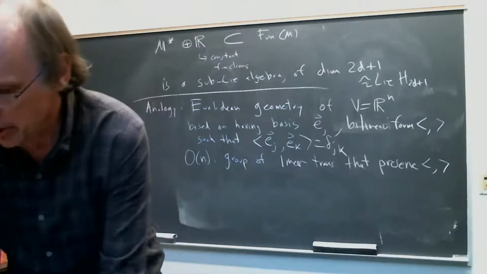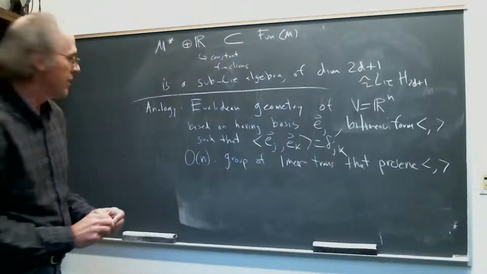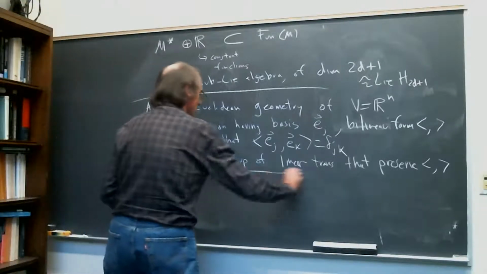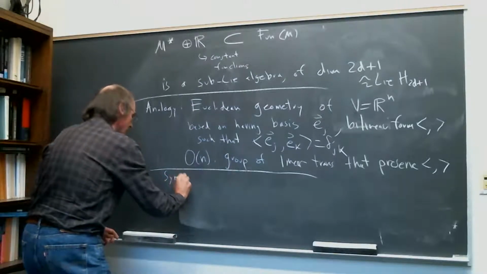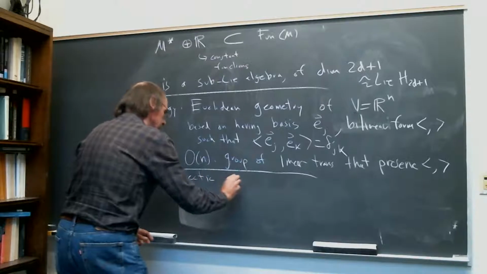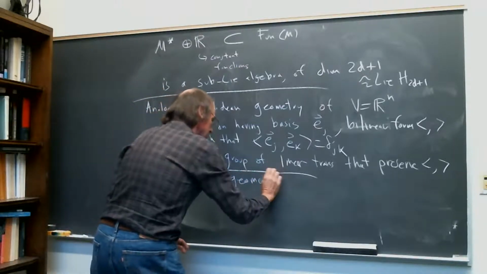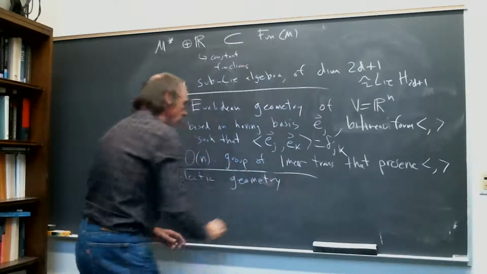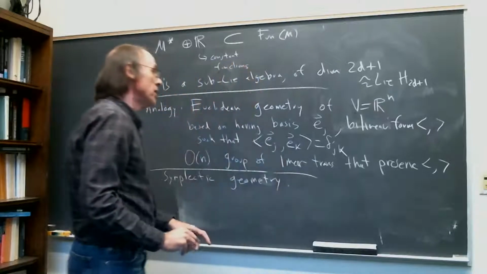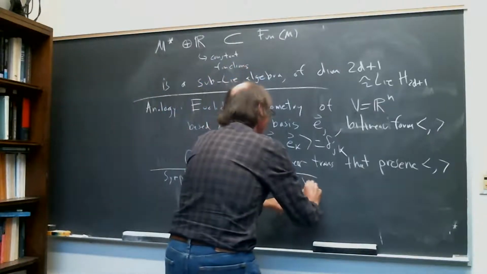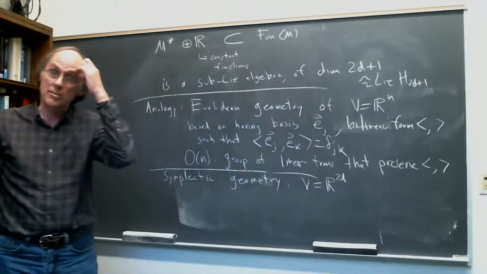What I want to do today is notice that for symplectic geometry, you take your underlying vector space to be an even dimensional vector space.